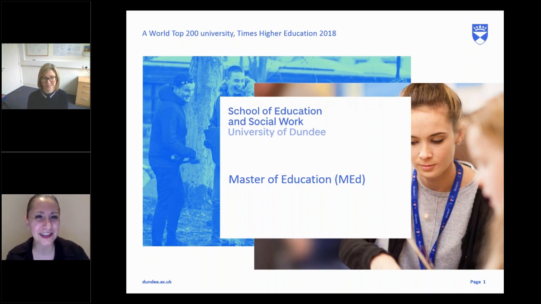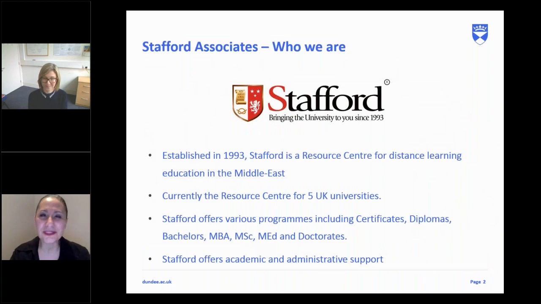Who is Stafford Associates? Well, Stafford was established in 1993, and we are a resource centre for distance learning education in the Middle East as well as in Africa. Now, we are currently the resource centre for 5 UK universities, one of which is the University of Dundee.